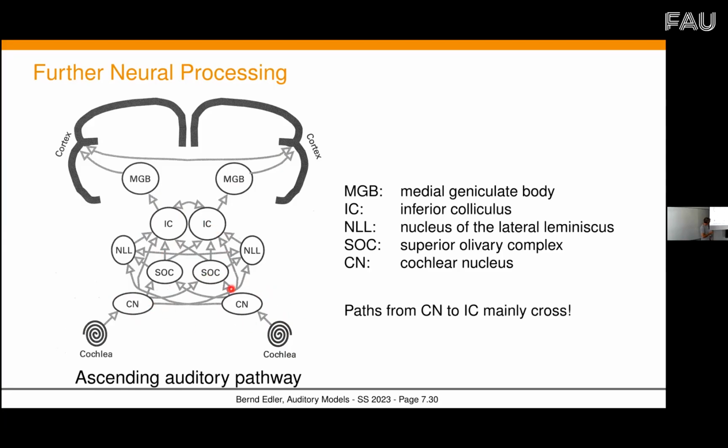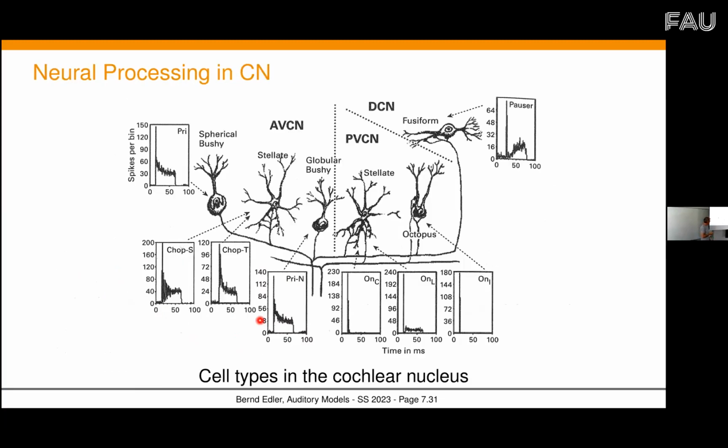And so for the first processing in the cochlear nucleus, there's a bit more of what is investigated, what kind of cells are there to do a first rough audio processing in this stage. And I can show you a little bit of that. This shows some different kinds of cells which are in the cochlear nucleus.